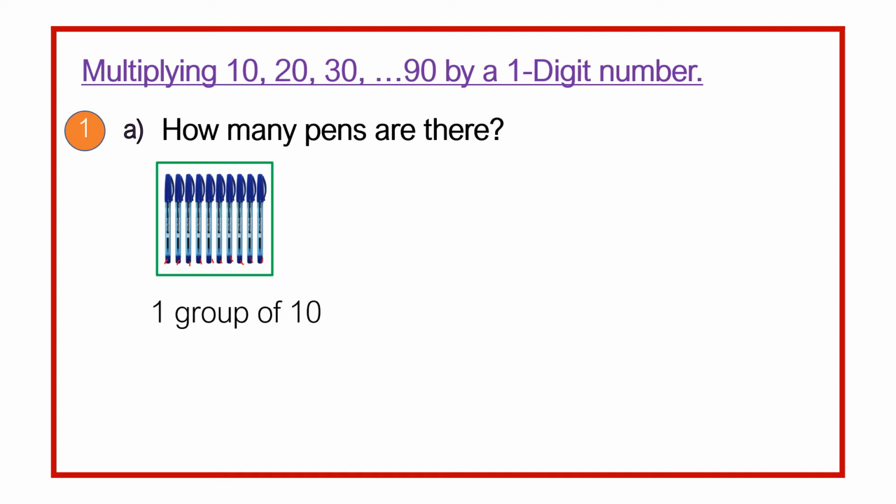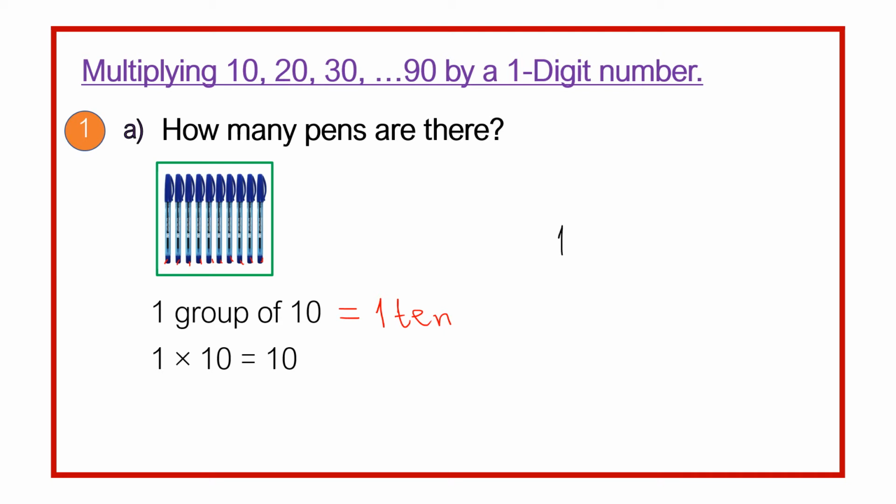So this is one group of 10 pens. One group of 10 is the same as 1 ten. So we need to know 1 times 10. And of course 1 times 10 is the same as 10.